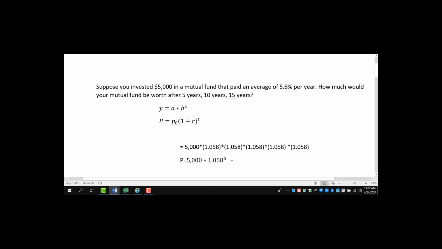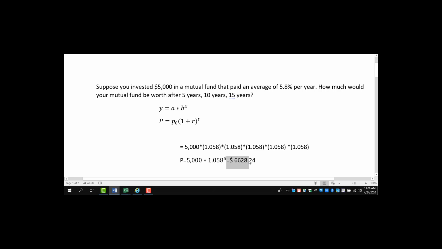And you're going to get that many dollars. So that's what that investment would be worth after 5 years.